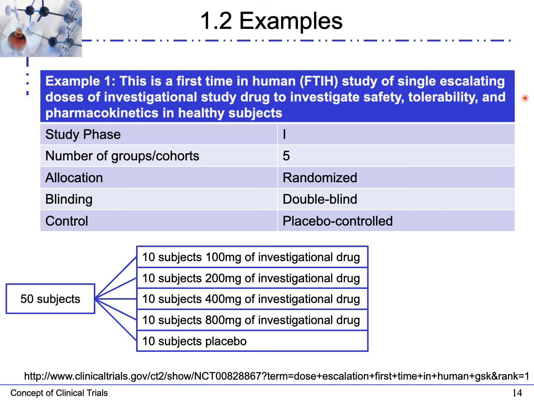So this is typically an example where it's randomized, double blind, and placebo controlled. So we have 50 subjects, and the 50 subjects are randomly allocated in a 1-1-1-1-1 ratio amongst the 5 groups: the placebo, and then increasing doses of the treatment.